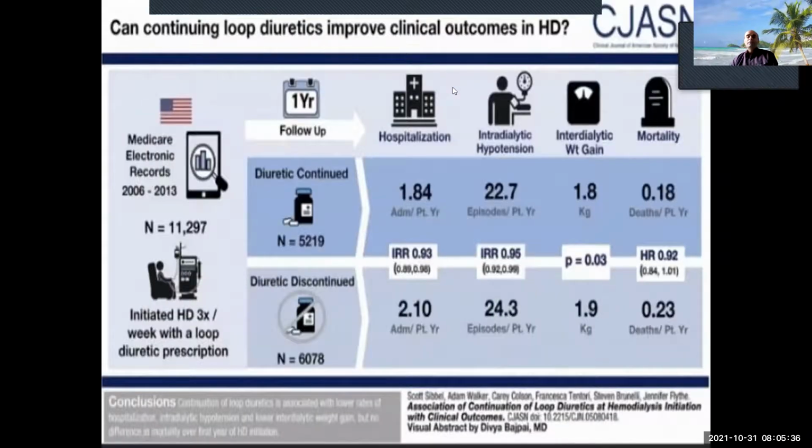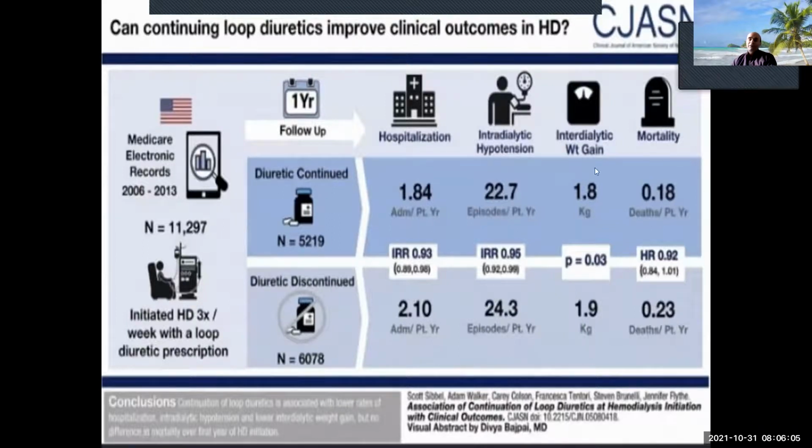Loop diuretics improve clinical outcome not only in PD patients, but also in hemodialysis. This will keep your patient away from hospital and emergency visits for volume overload, according to this study, and reduce intradialytic hypotension from volume overload and excess ultrafiltration, and reduce interdialytic weight gain because we already have a diuretic, and this will keep our residual renal function.